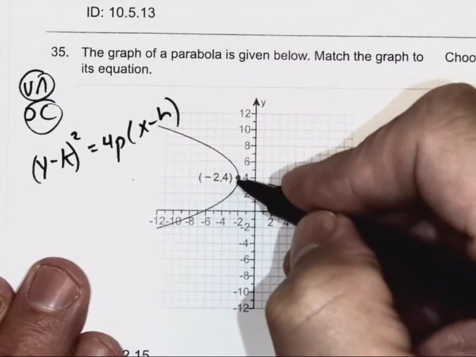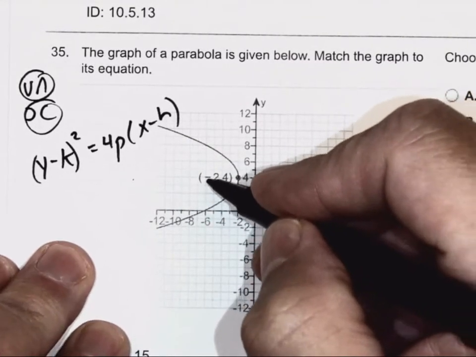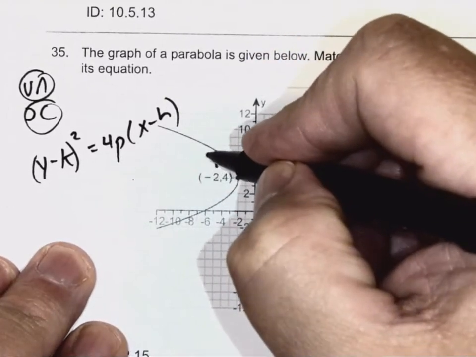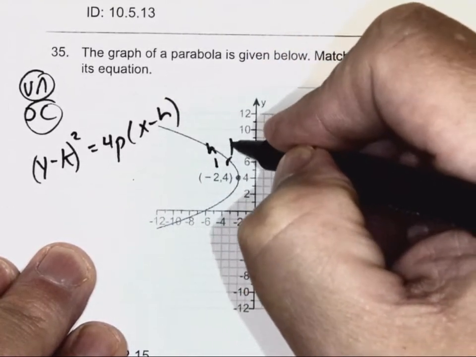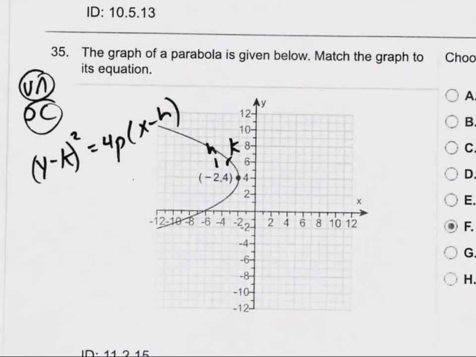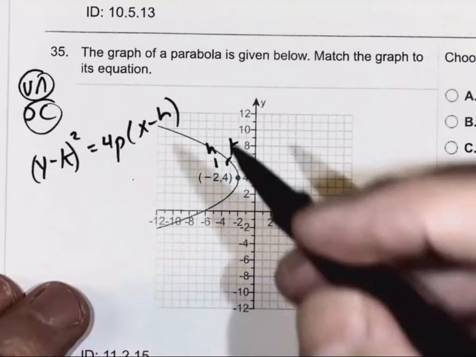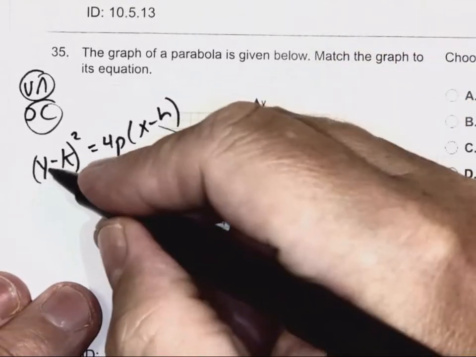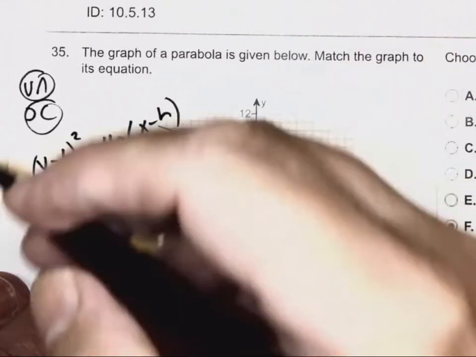So for instance, the vertex, this minus 2, 4, that's like the (h, k). So you've got to be careful.